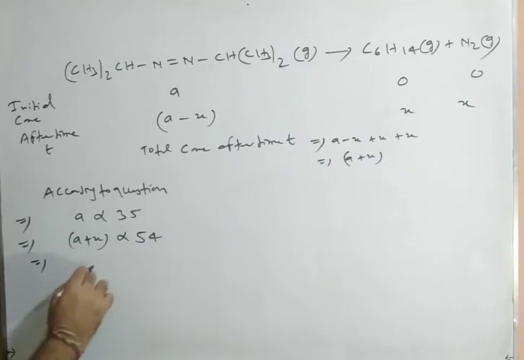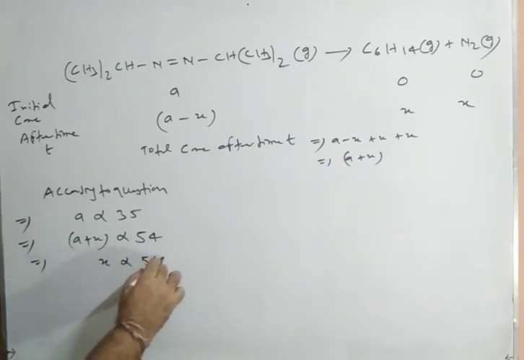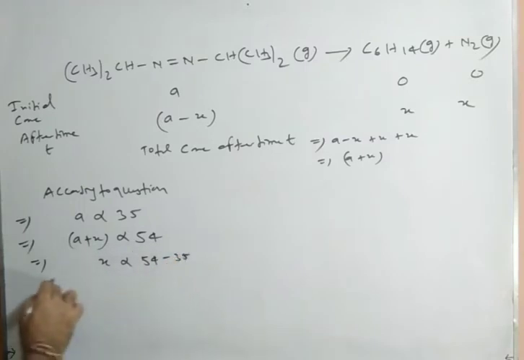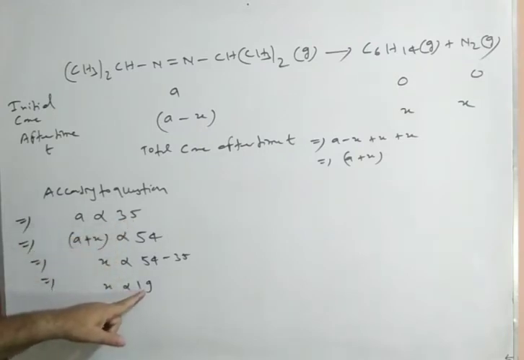So we can write x proportional to 54 minus 35, that is x proportional to 19. So according to the proportionality concept, initial pressure 35, pressure dissociated 19.